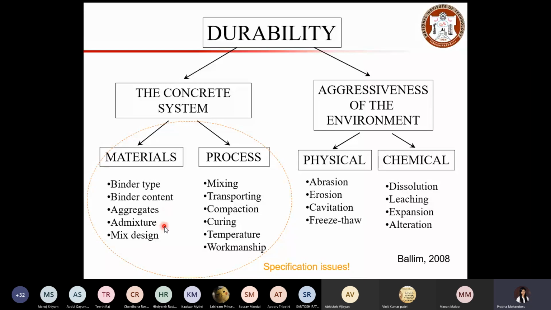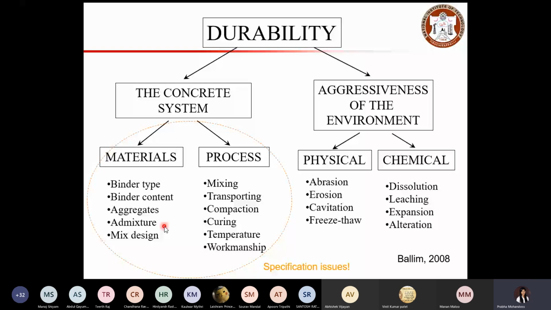So you should know the type of aggregates that you are using, and admixtures. In the chemical admixtures part, we looked at the different types of chemical admixtures and their applications. There are some regions where we need to accelerate the reaction, there are certain applications where you need to retard reactions, and there are certain applications where you have to provide spaces to release the stress.